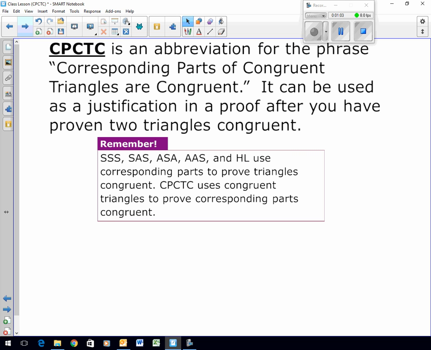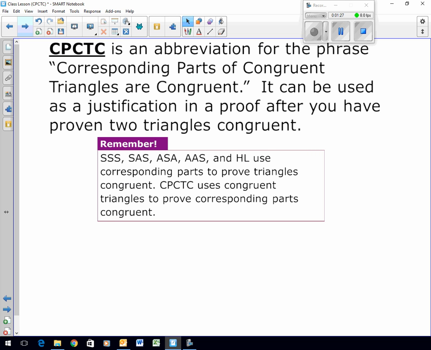It can be used as a justification in a proof after you have proven two triangles are congruent. Remember that side-side-side, side-angle-side, angle-side-angle, angle-angle-side, and hypotenuse-leg use corresponding parts to prove triangles are congruent.